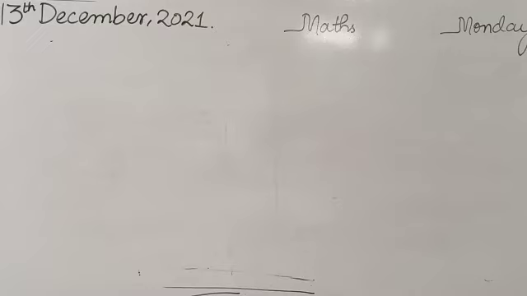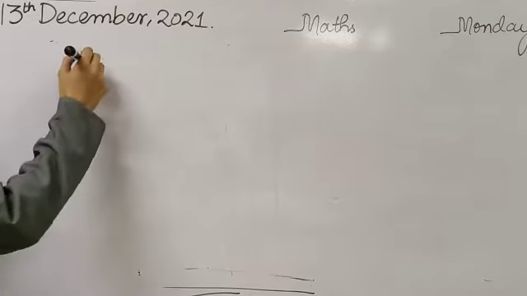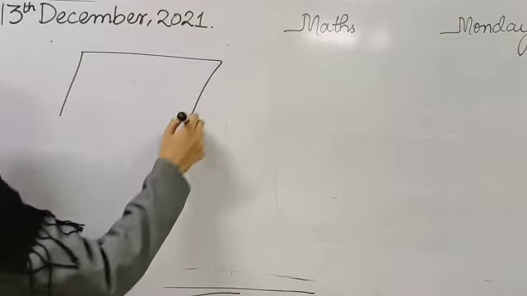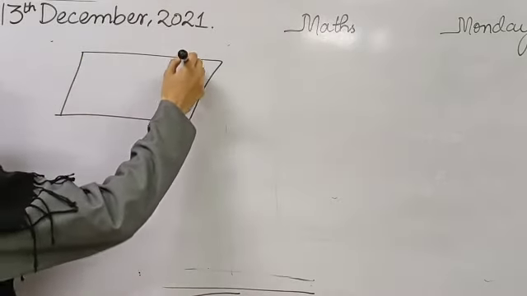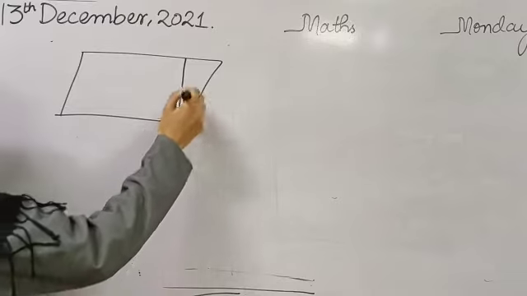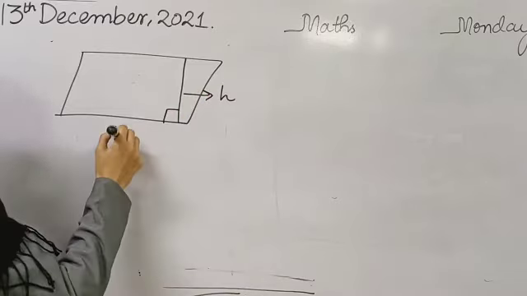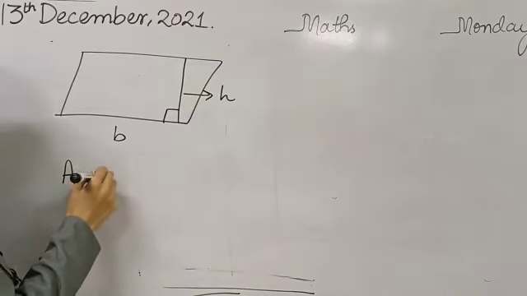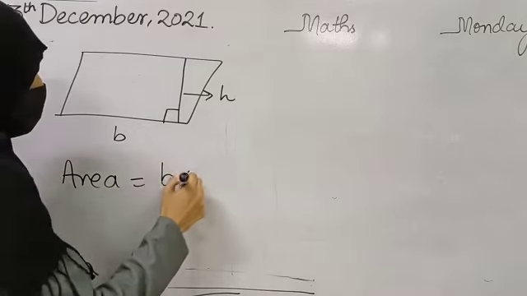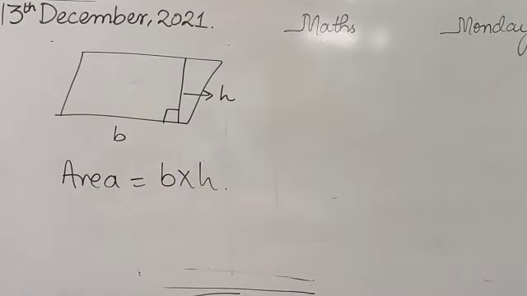Base multiplied by height. Good. And what will be its height? For example, this is a parallelogram, then the perpendicular drawn on the base is the height, and the formula is base multiplied by height.